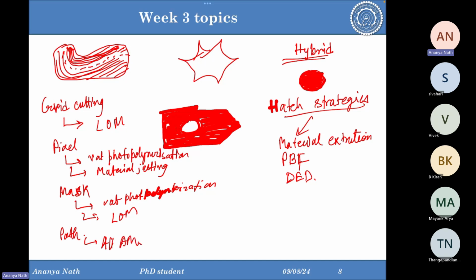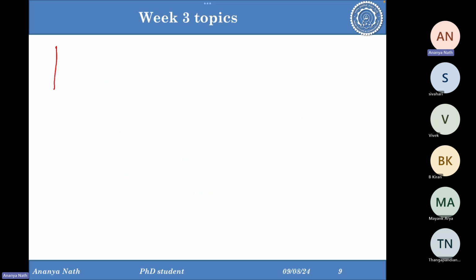So what is grid cutting? If we are having a sheet lamination process, this is the paper sheet and I want to print one object like this. So the laser will come and it will cut the object in this manner and the rest of the sheet will just move on to the bin.